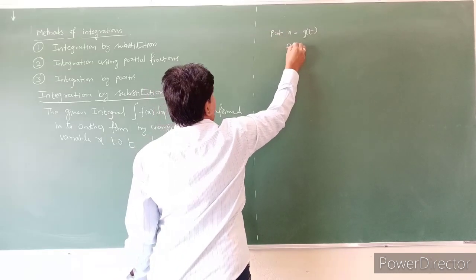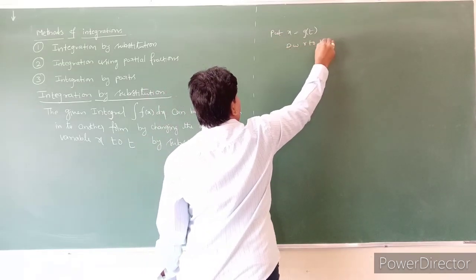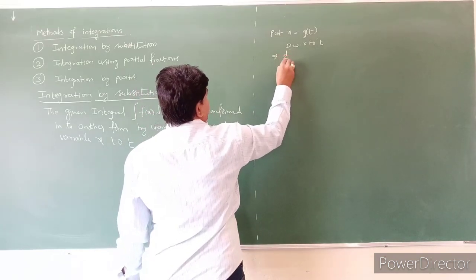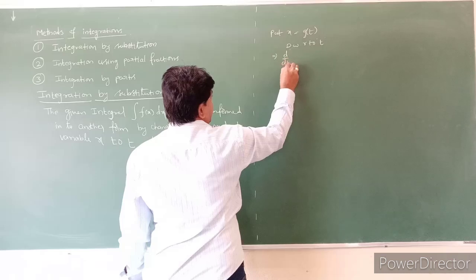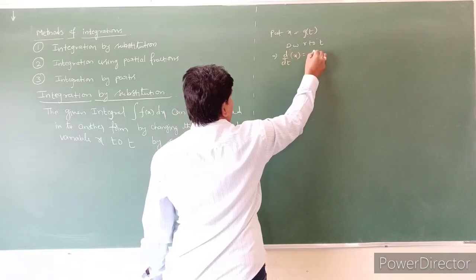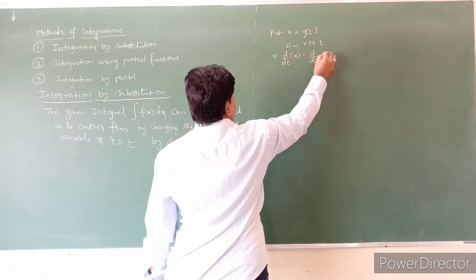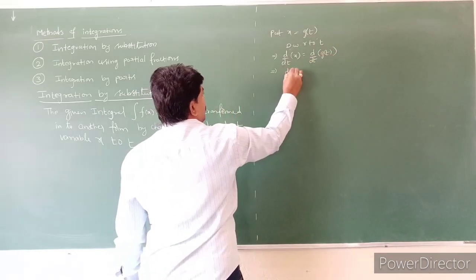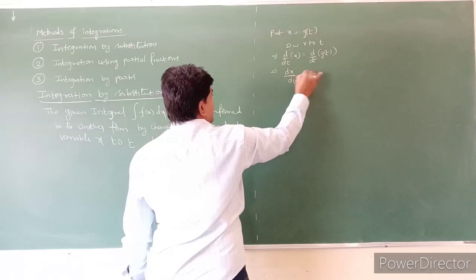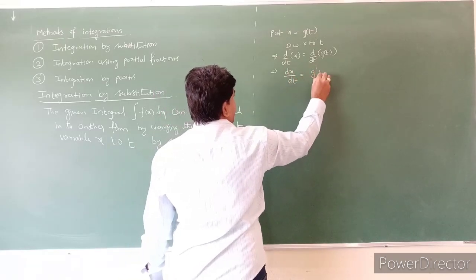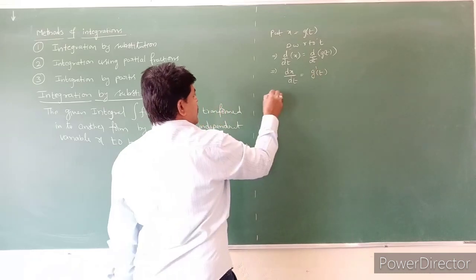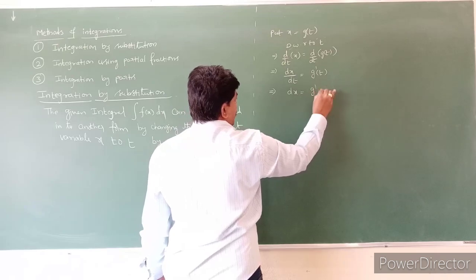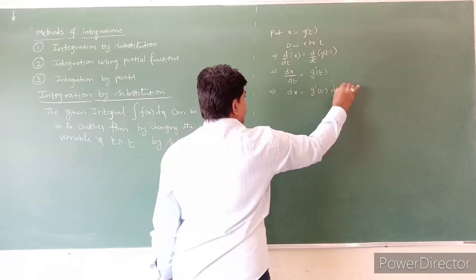I am differentiating with respect to t. That implies d by dt of x is equal to d by dt of g of t. That is nothing but dx by dt is equal to g dash of t. So that implies dx is equal to g dash of t into dt.